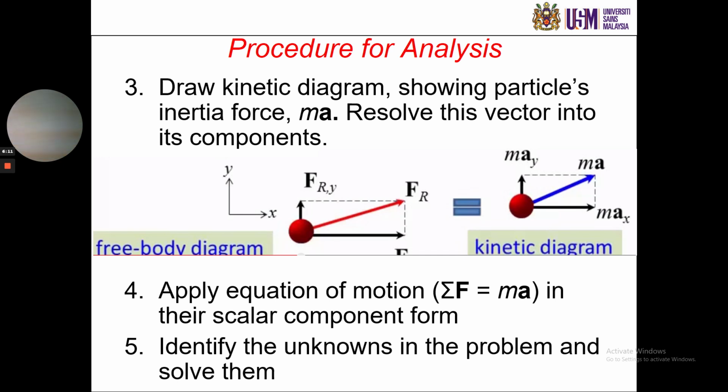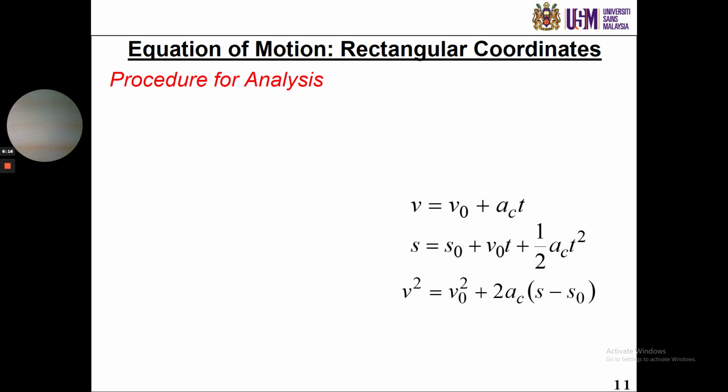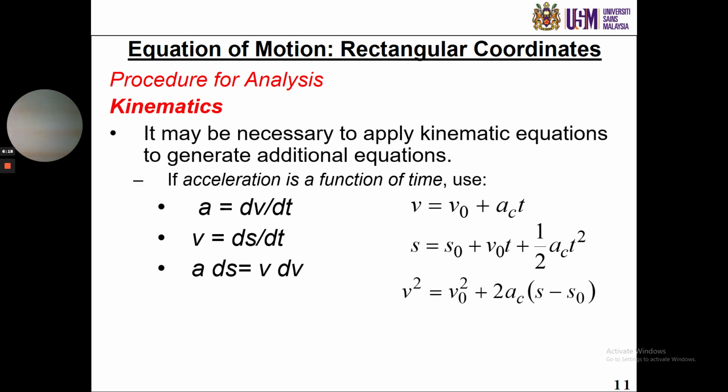Then identify the unknowns in the problem and solve them. In some cases you might need to use kinematics, so you could use all these 6 equations. Just make sure you know how to use them.